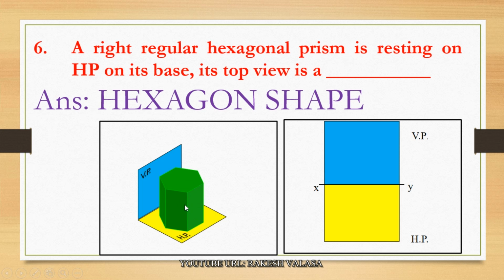We can see the top view, that is a hexagon shape. You can see the orthographic view. This is the isometric representation of a hexagonal prism resting on HP. Here the top view is a regular hexagon and the front view is a rectangle. Here they are asking for the top view, so the answer is hexagon shape.